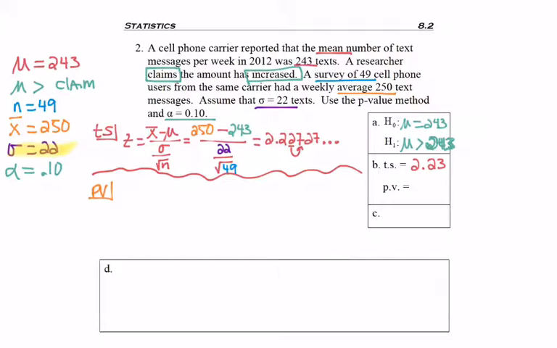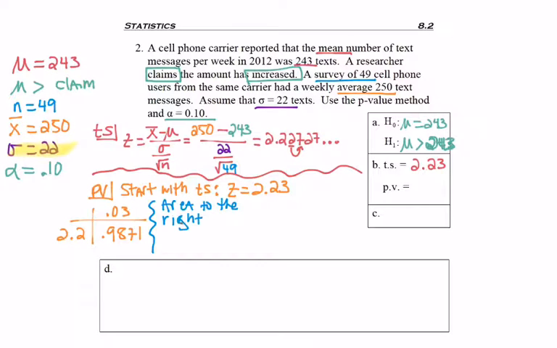Remember, the p-value is the probability of the test statistic we got or worse. We start with our test statistic of 2.23. I have a z-score, so I go to the edges of the z-table, and I find 0.9871. But I want the area to the right. I have a right-tailed test, and my test statistic is positive, so it's on the right side of the normal table.